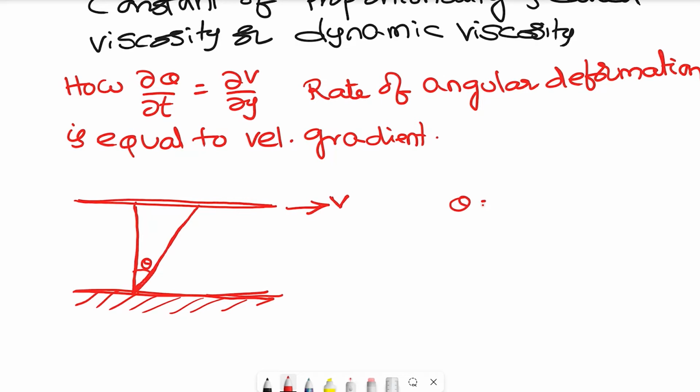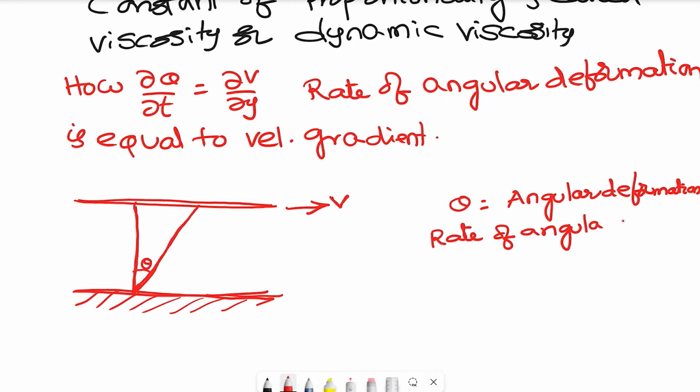What is this theta? It is angular deformation, right? What is the rate of angular deformation? Rate means per second. So the rate of angular deformation is, normally we need to do it per unit time, so that is represented in differential form.